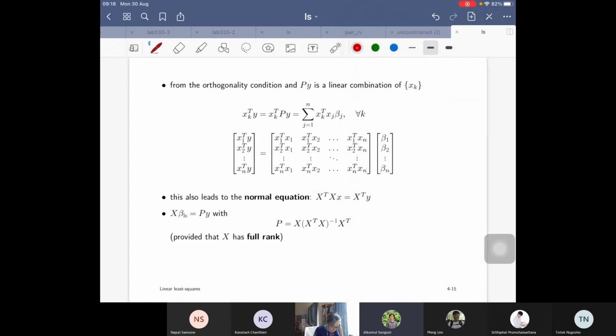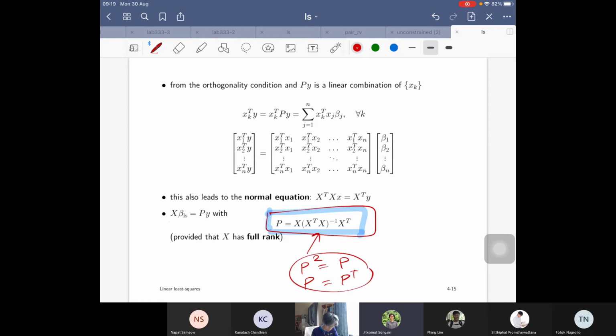I hope everyone can recall and review what a projection matrix is in general, so that you can verify that this expression of P, in the context of projecting y onto the range of X, satisfies the orthogonal projection property, that is, P squared equals P and P is symmetric.